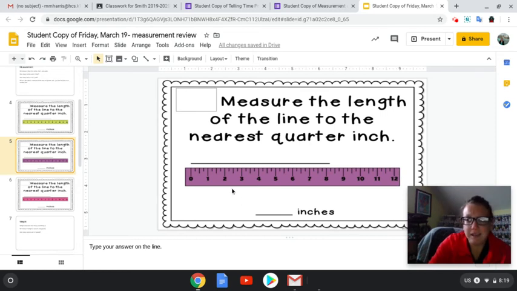Okay, if we look at this one, we see that it starts at 0, it goes 8 whole inches, and then part of another one. What part is that? Remember, it's 1, 2, 3, 4 equal parts. So that is 1 out of the 4. So that line represents 8 1/4 inches.